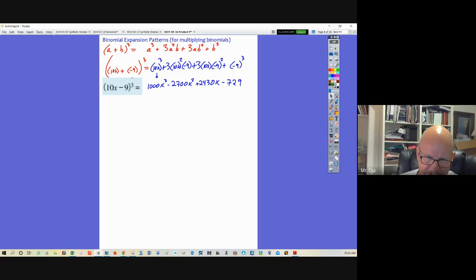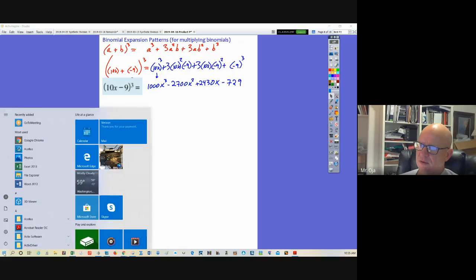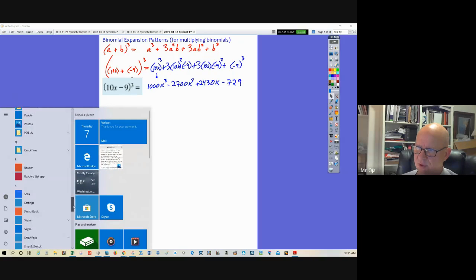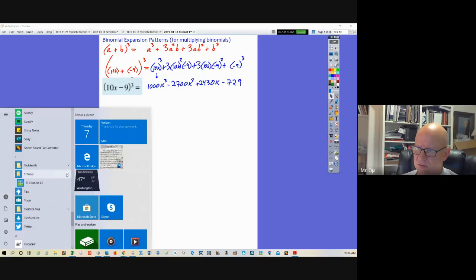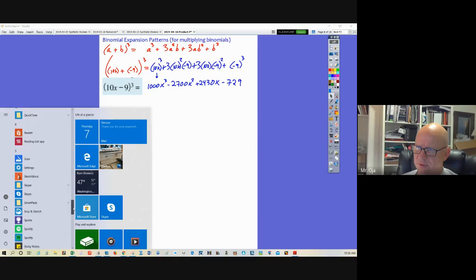Let me see if I have, let me look at this real quick. I don't know if I have my calculator emulator set up on this computer. I'm going to look. So TI-82. I don't think I do.